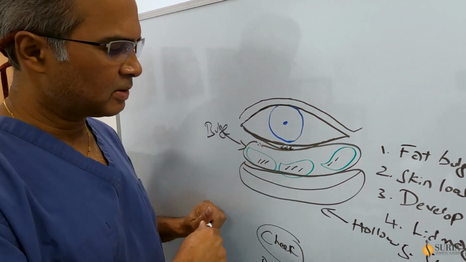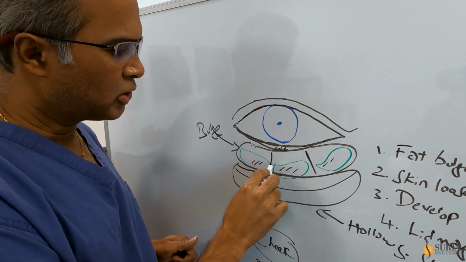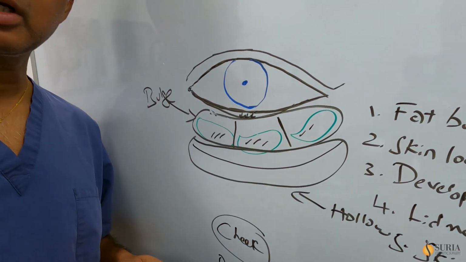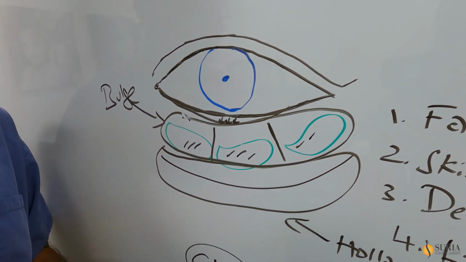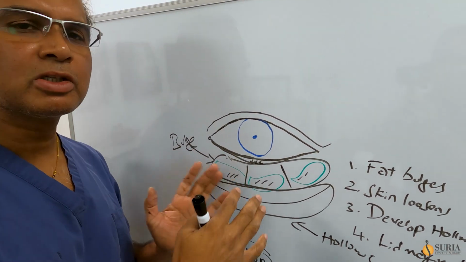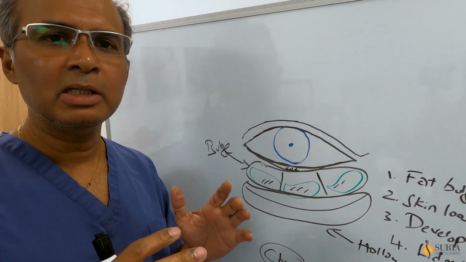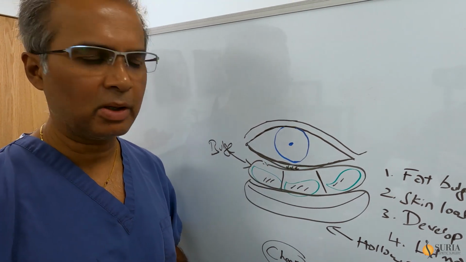Because of various partitions of the tissue, they generally appear as three separate compartments: the inner, the center, and the outer, or medial, central, lateral. They are visibly in different compartments, but essentially they're a continuum of fat inside the eyeball area.